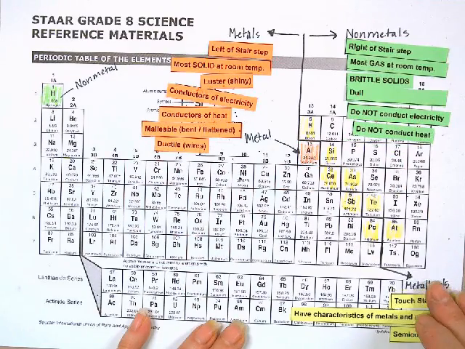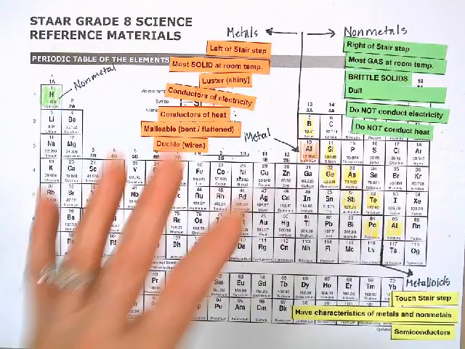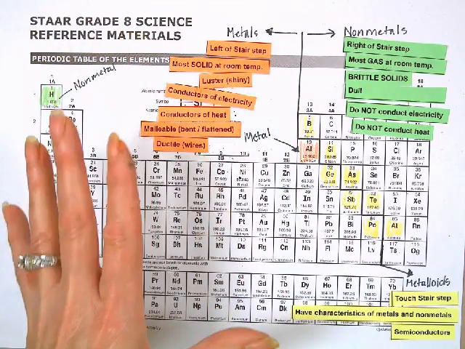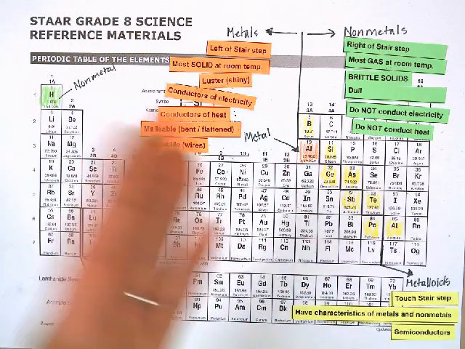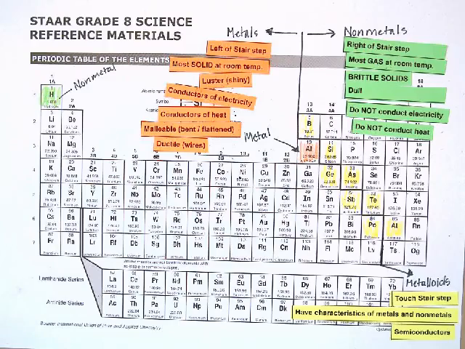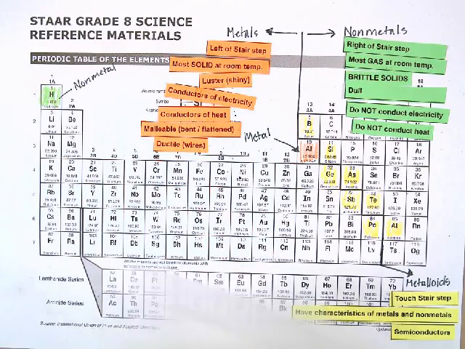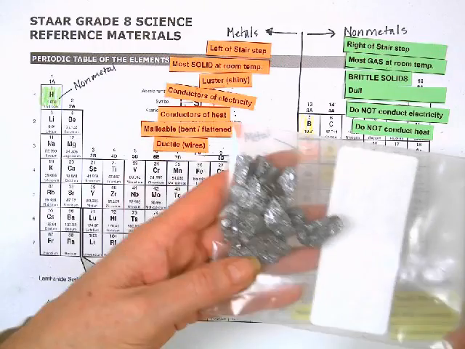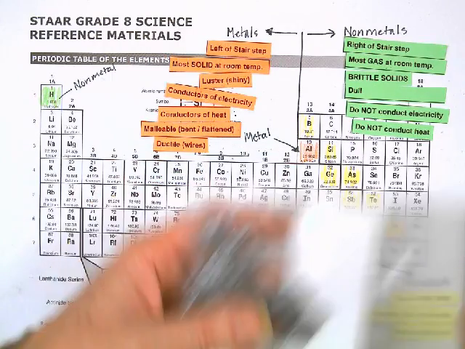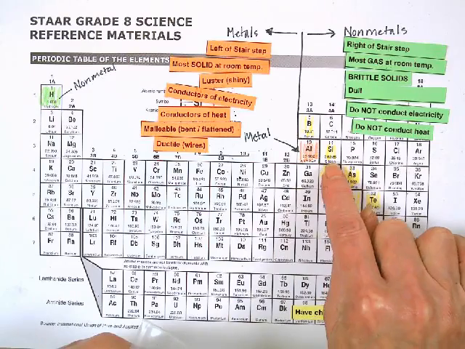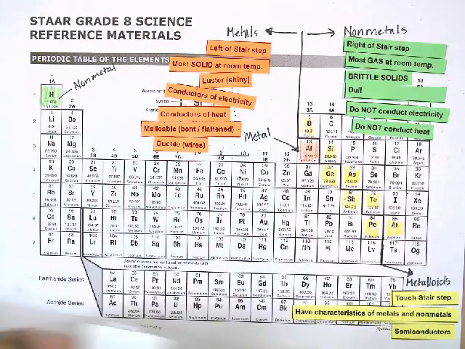All right, so that concludes their locations, where to locate metal, nonmetal, metalloid, and their characteristics. One last thing I would like to show you is a metalloid. So this is the metalloid silicon. If you look, silicon, there it is, touching the stair step, right?